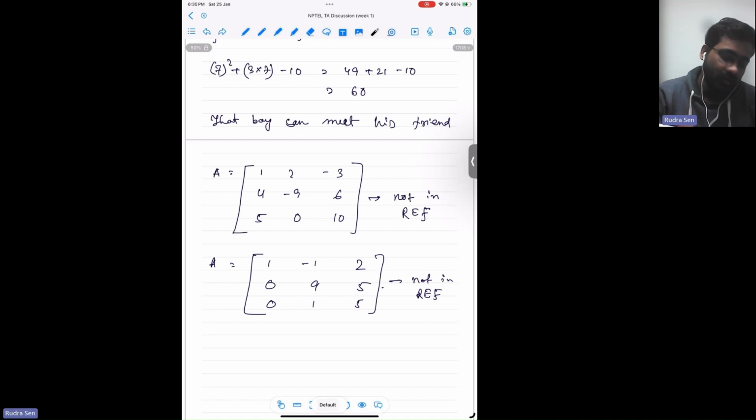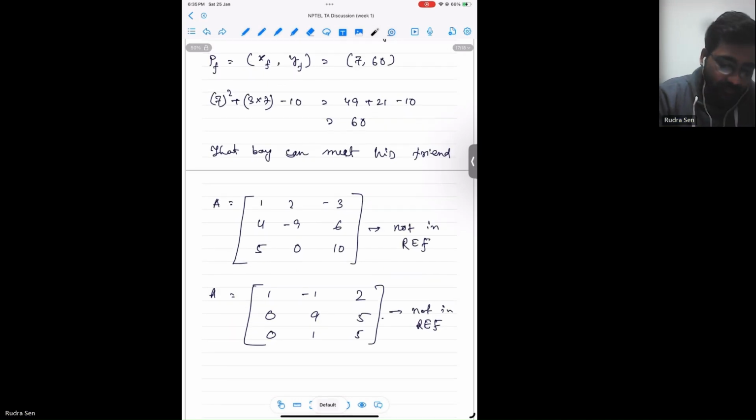If you see this kind of matrix, as I have already mentioned, this is not REF. Not REF means this is not row echelon form. Because, as we know, in row echelon form the matrix should be triangular, that means the elements below the pivot elements are always zero.